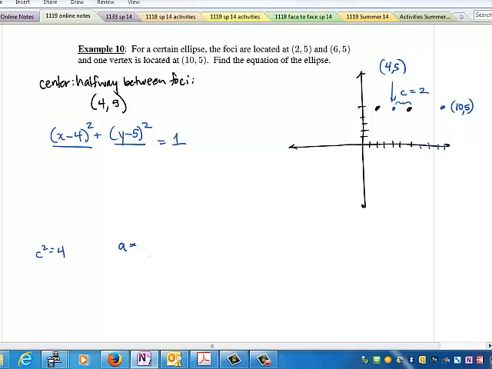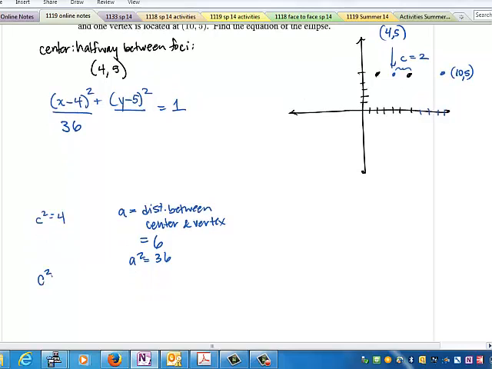So we're using that a is the distance between center and vertex. And in this case, it's going to be 6. So a squared is 36. And we still need to figure out what b squared is. But since the major axis is horizontal, I can put this 36 under the x squared term.